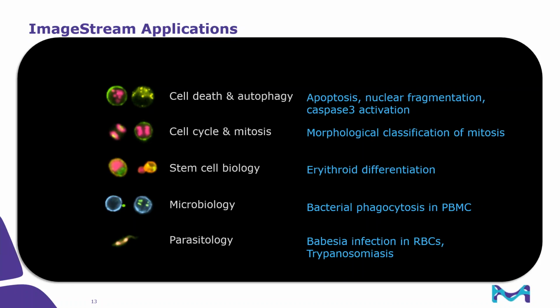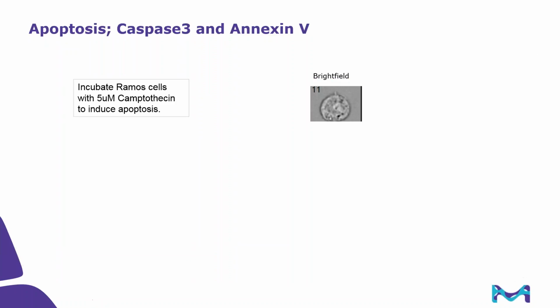And there's other groups as well, microbiology, parasitology, and there's a big oceanography group that use it for looking at marine samples. So the ImageStream is broadly applicable to a number of different research fields. And really, the strength of the system is when you're trying to quantify total fluorescence intensity and look at unique morphologies at the same time.